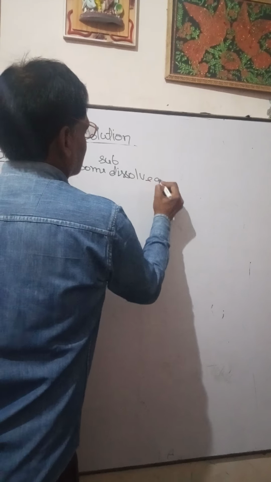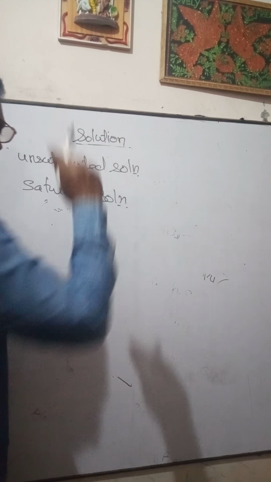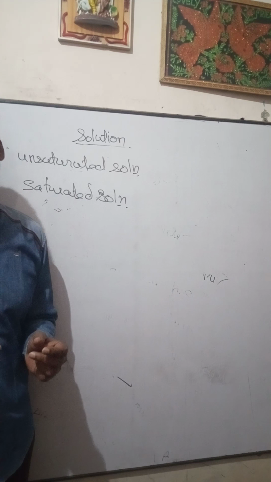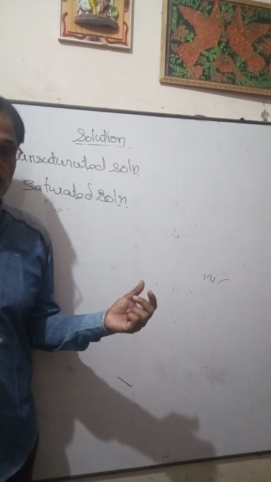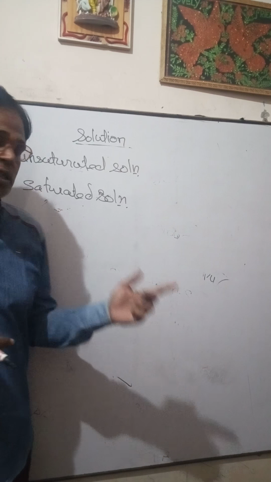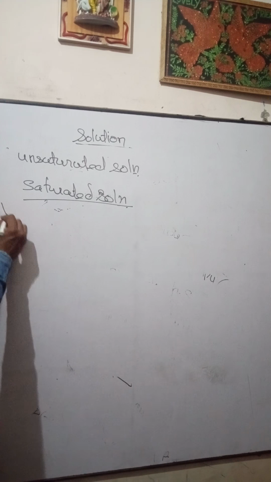Then the solution is treated as an unsaturated solution. Now see another case: saturated solution. When a solution is prepared at room temperature and we cannot add any more solute into the solution, then this is called a saturated solution.